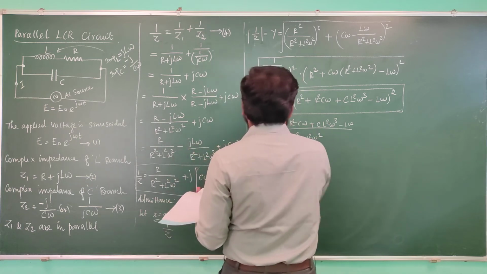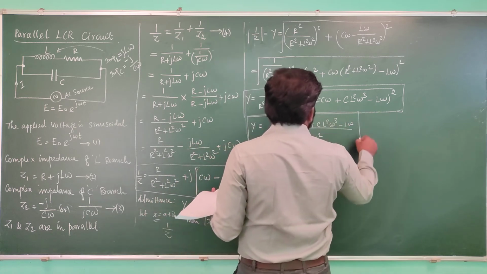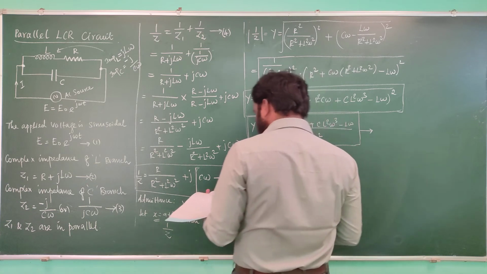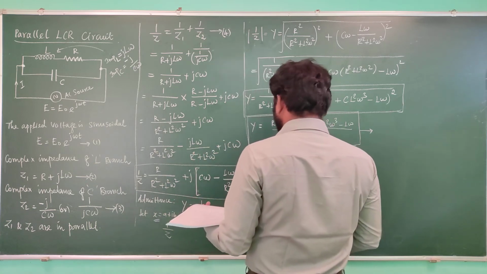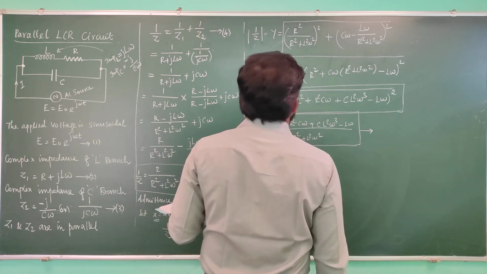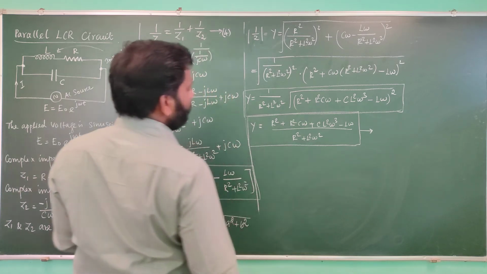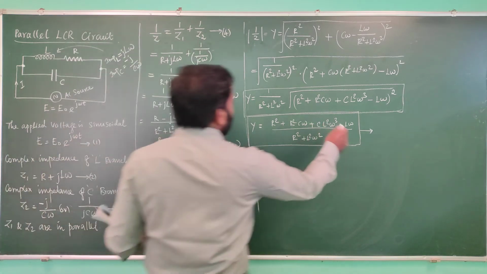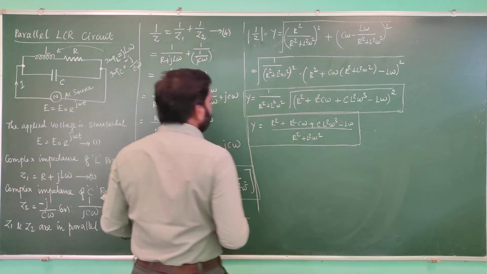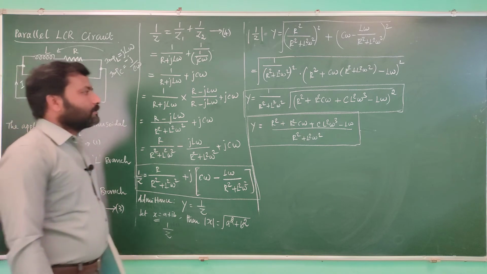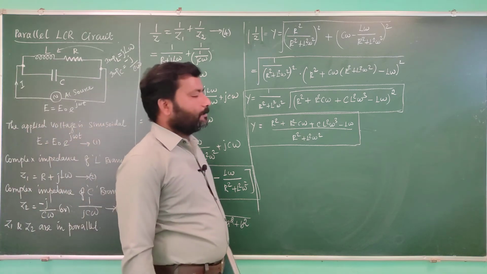So this is the simplified version for admittance. This you can write. What is the equation number? 4. Fine. Y is equal to R square plus R square C omega plus C L square omega cube minus L omega by R square plus L square omega square.